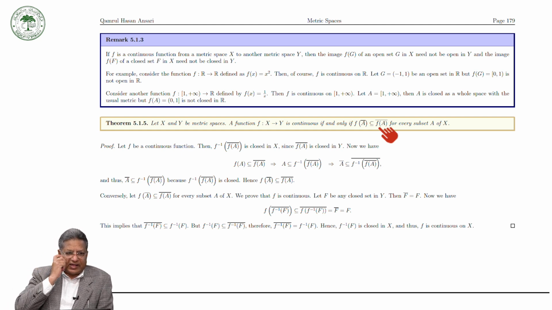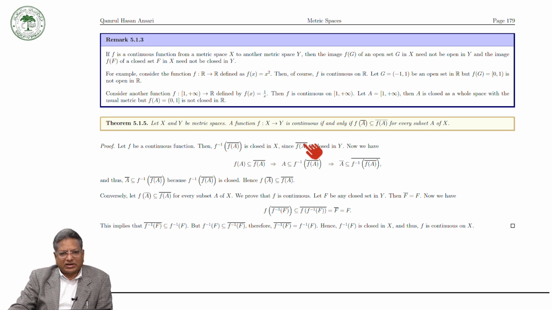So let f be a continuous function. Then we will prove that this inclusion holds good. Because the closure of any set is a closed set, and f is a continuous function, the inverse image of closure of f of A is closed.